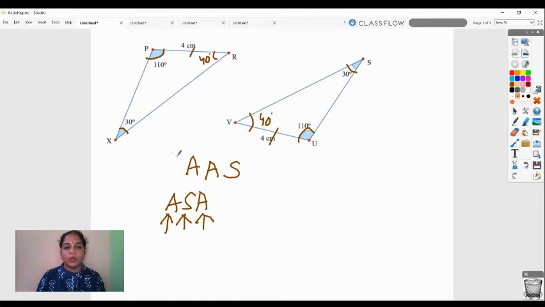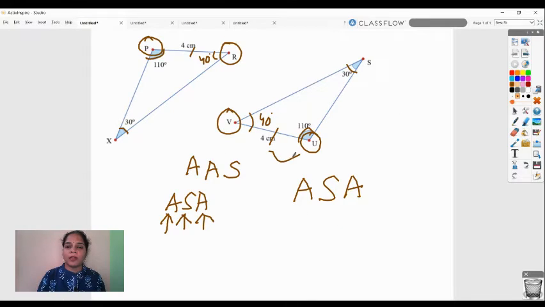That being said, though they have given us these two angles, we should be considering angle V and angle R, and the angle P and the angle U. If you see here, 40, 110, 40, 110, between them is the 4 centimeter. That means we have a side which is equal between the two equal angles. So confirmly, it is a congruent triangle of the criteria ASA.